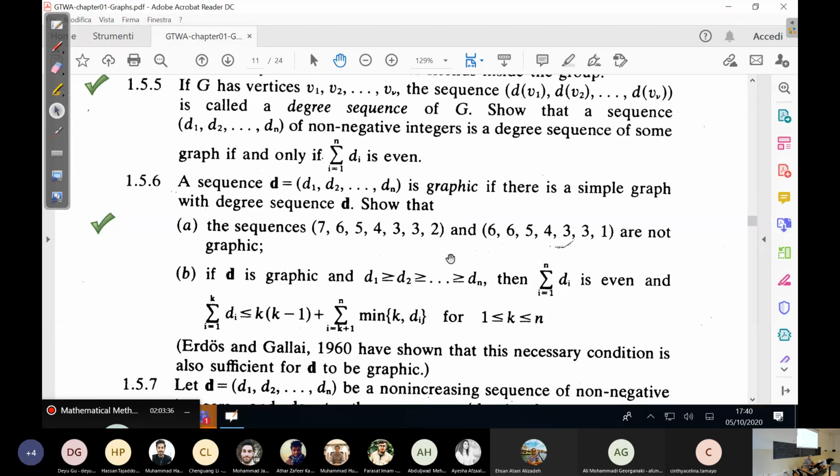So surely there is no simple graph having these degrees for its vertices. I swear that there is a graph which has this sequence of degrees, but surely it is not a simple graph.